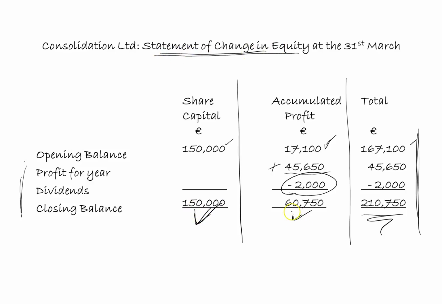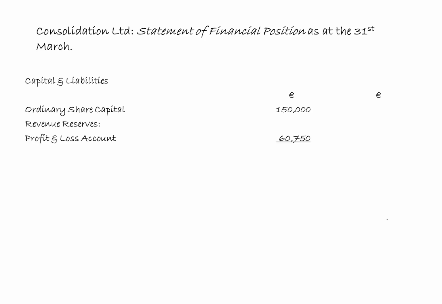There's the 150,000, there's the 60,750, and there's our total. So in fact, that is more or less done for us. So I add those out there, and we get a total of capital plus reserves, 210,750.